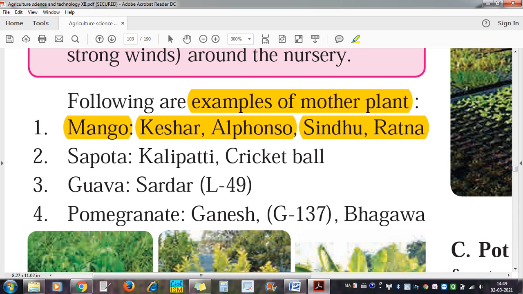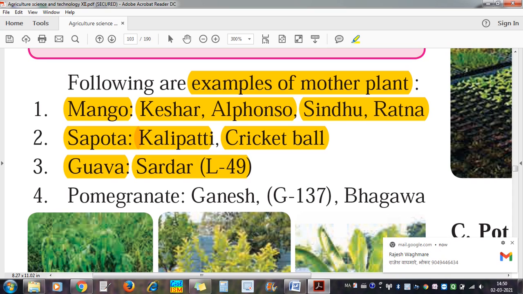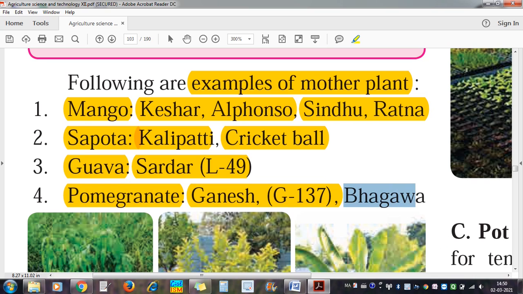Sapota, which means chiku: Kalipatti, Cricket Ball are good varieties. In case of guava, Sardar L49, meaning Lucknow 49, is a good variety. In case of pomegranate, Ganesh, G137 and Bhagwa and other such varieties are available.